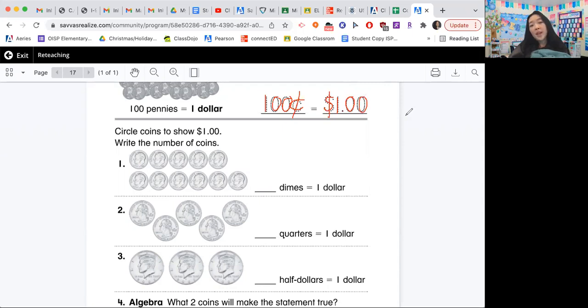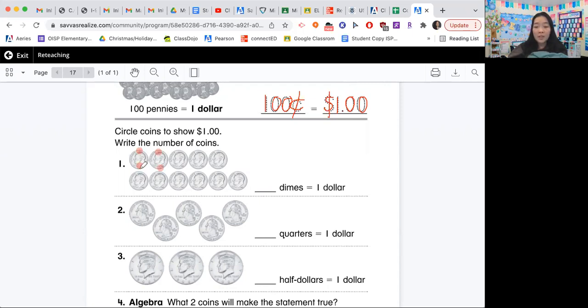Now circle coins to show $1 and write the number of coins. Okay, so this is 10, right? Now I'm going to do touch math. You can also skip count. I like to use touch math because I know that dimes are equal to 2 dots, which is 10 cents.